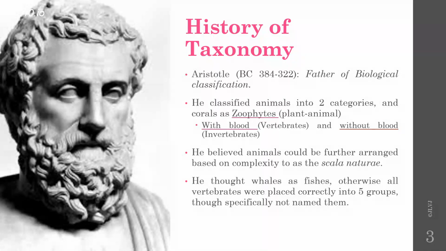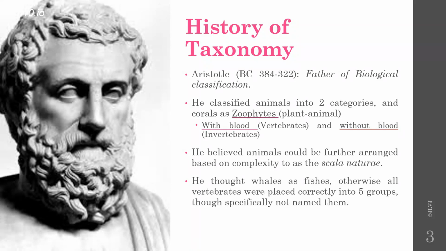Starting with that, the history of taxonomy can be traced far back, to BC itself, and hence Aristotle is identified as the father of biological classification. When he classified, he divided the groups into two, one with blood and the other without blood.